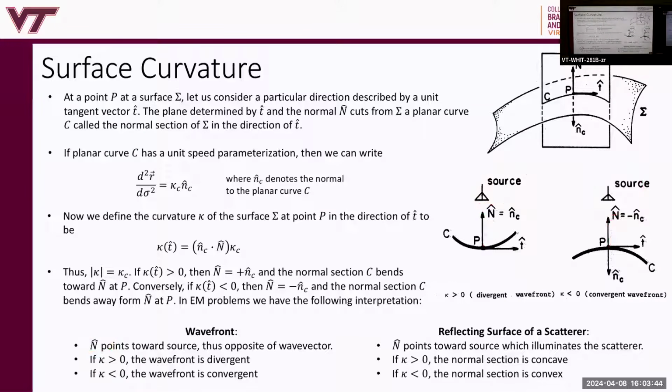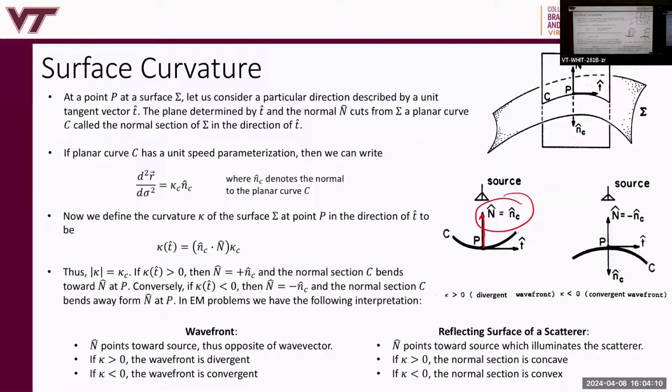If kappa, the surface kappa, is greater than 0, because only the surface kappa can be either positive or negative, then the wavefront is said to be divergent, which makes sense. If it's positive, the normal points back toward the source, and that's also equal to the normal to the curve.